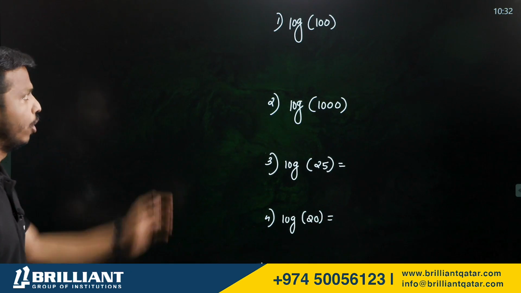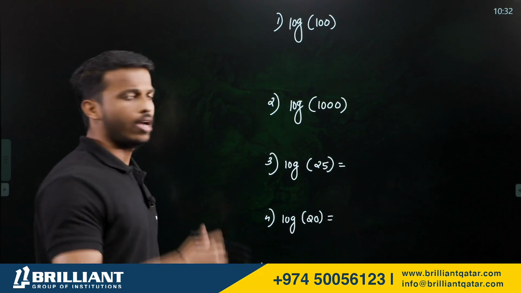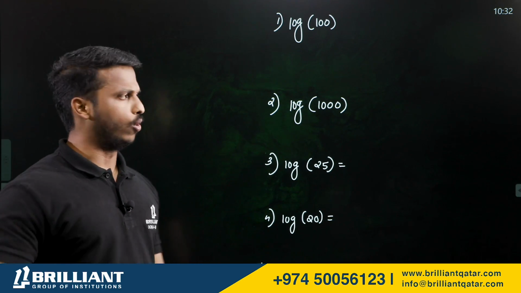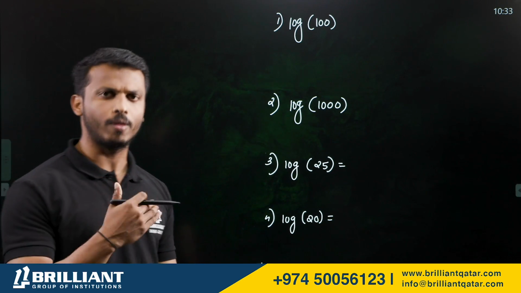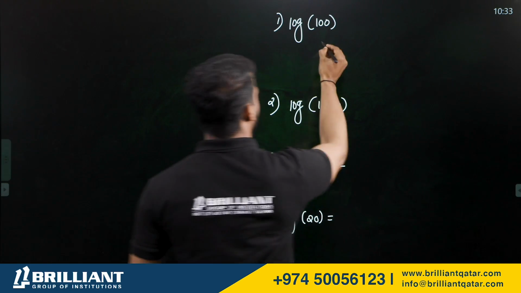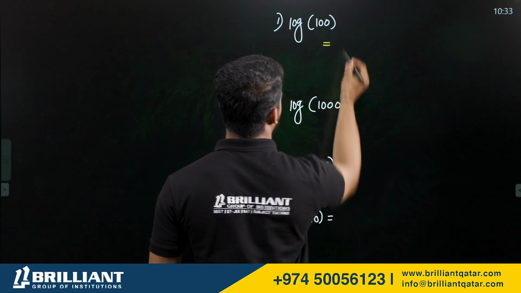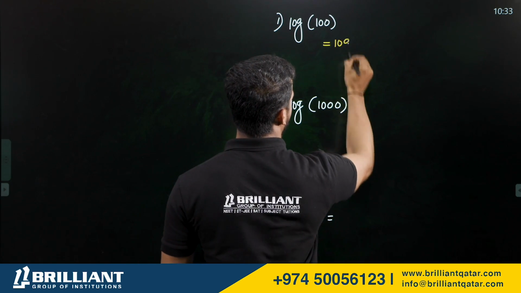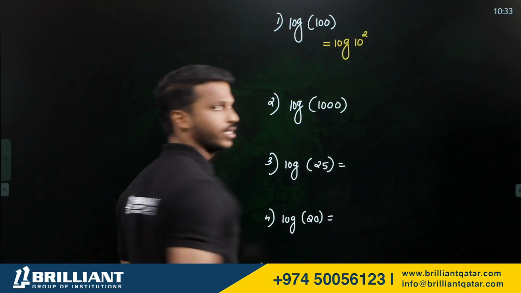Let's go first to logarithm calculation. We start with the normal logarithm values, like log 100, the whole numbers. The problem is only with decimal values. Log 100 we can write as log 10 square, since 10 square is 100.